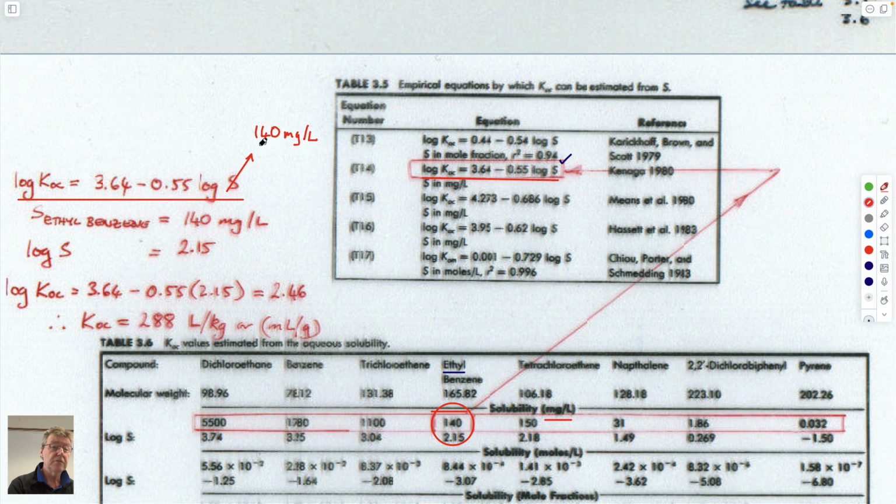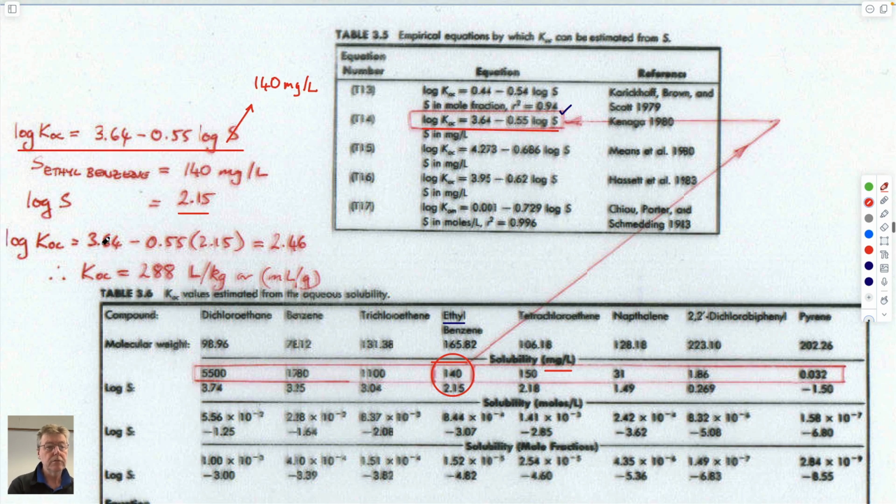So the log of 140 is just a bit more than 2, right? Log 100 is 2, log 1,000 is 3. So if you take the log of it, it's 2.15. If you throw the log of S into this expression, 2.15 times 0.55 subtracted from 3.64, that gives you the log of the organic carbon partition coefficient.